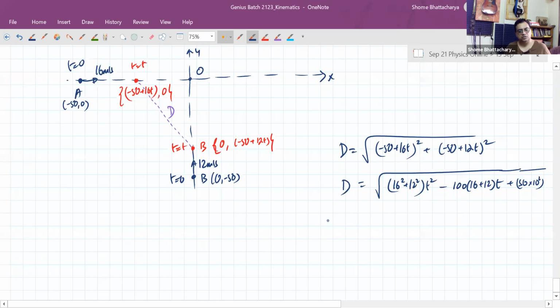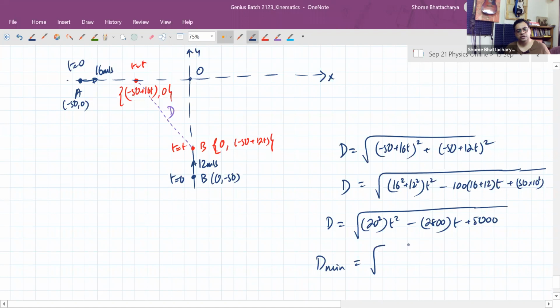So this is something like this: 20 square t square, minus 2800 t, plus 5000. So for the minima, we just need to calculate this whole quantity's minima. Just think of this like a function of time.